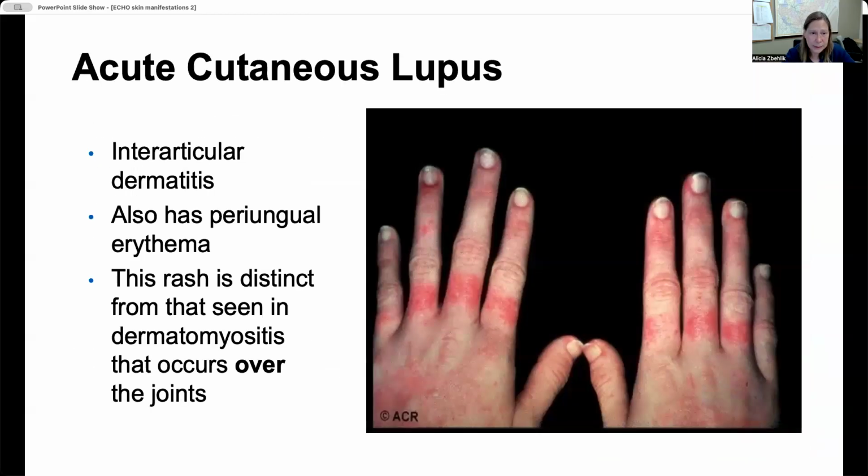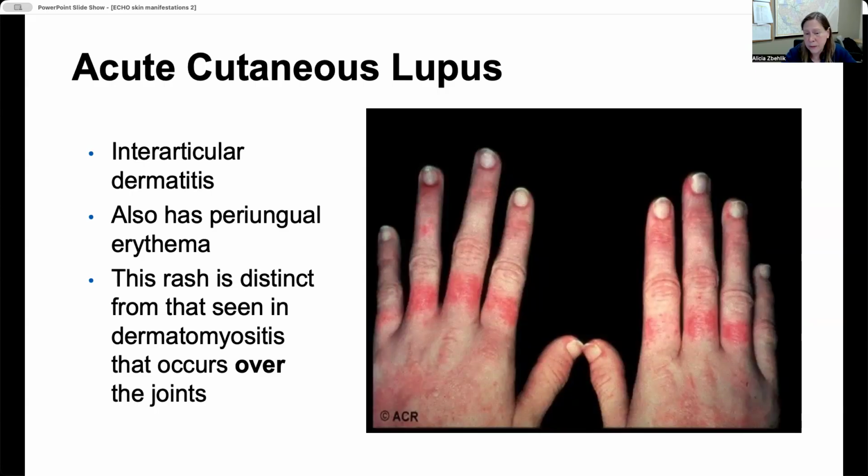Next slide, please. And then this is another key finding and is helpful to think about in comparison to dermatomyositis. So this is the articular dermatitis, and also some periungual around the nail folds, in terms of the red color there.